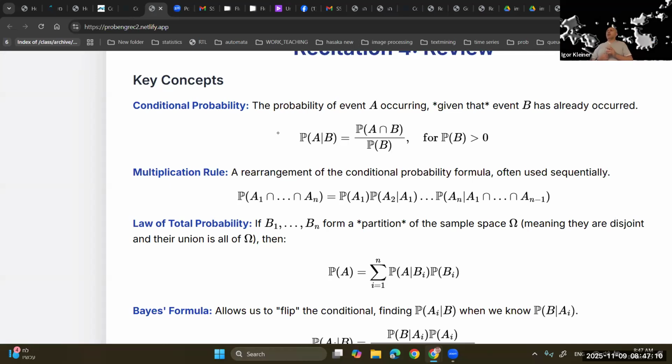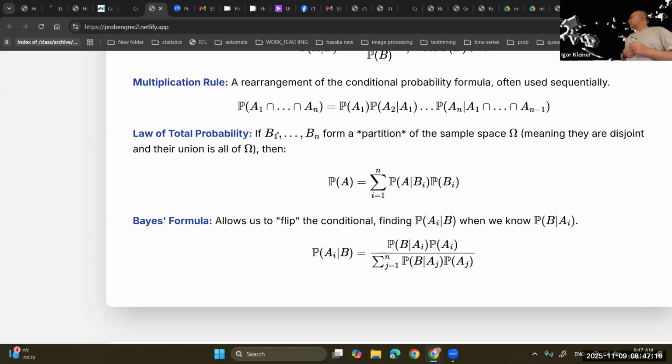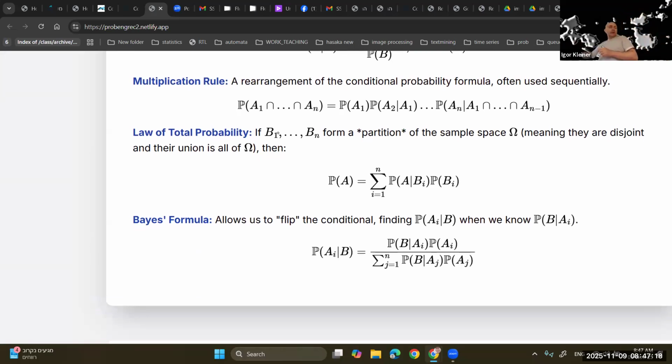Okay, the idea is clear. We will demonstrate it in a couple of minutes. And the last formula, also very important, is Bayes formula. Also very useful, and its idea is very simple.